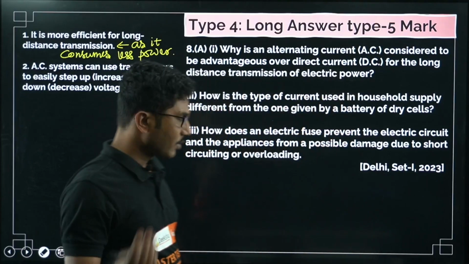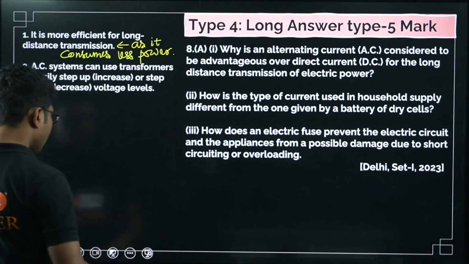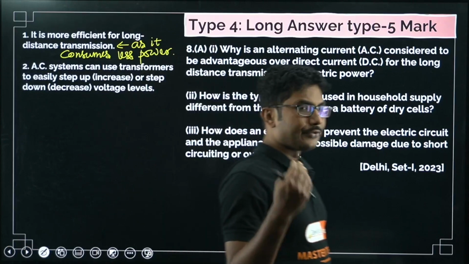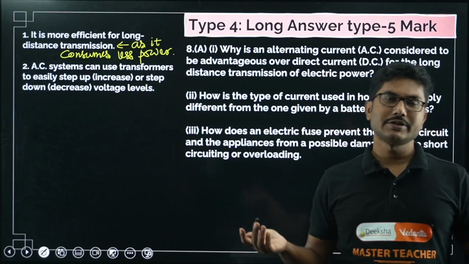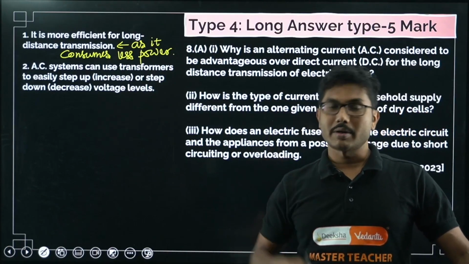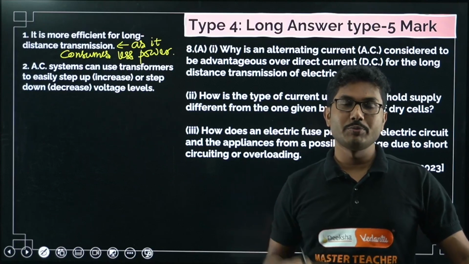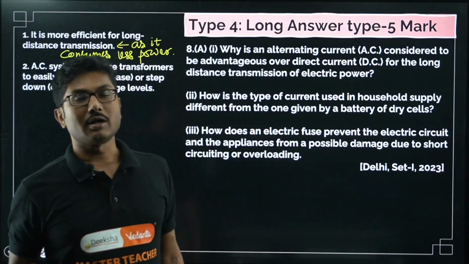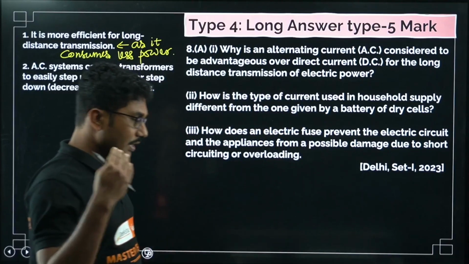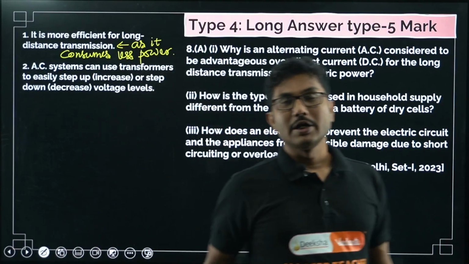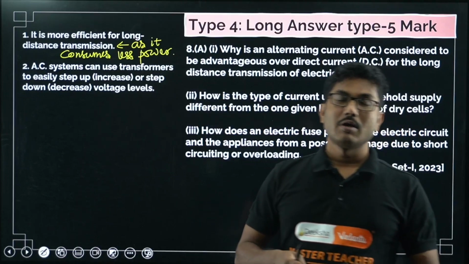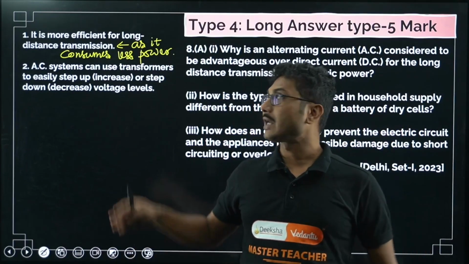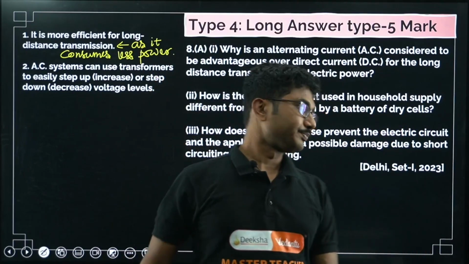Same formula, but because the form is different, we are using the voltage form rather than the current form. Power consumed will be reduced in case of AC compared to DC. DC you cannot compare it like that. Even if you want to reduce the voltage in DC, you have to use complex machinery, which is very difficult. A simple transformer can be used to change the voltage.